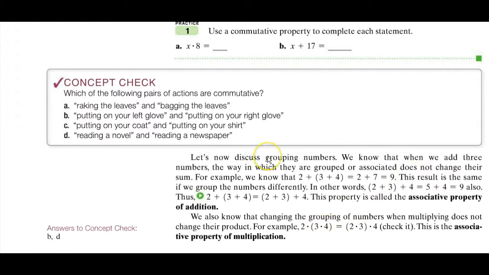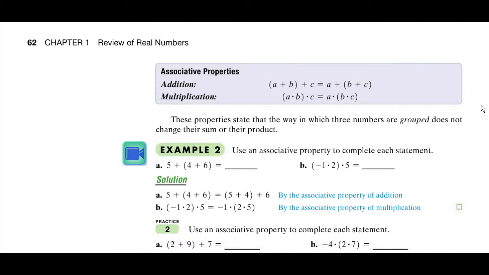And they're telling us that as we group numbers, they're getting us ready for the associative property, and basically it's this, and it applies to addition. A plus B plus C equals A plus B plus C. Well, as you look at that, you might say that's true because they're identities.